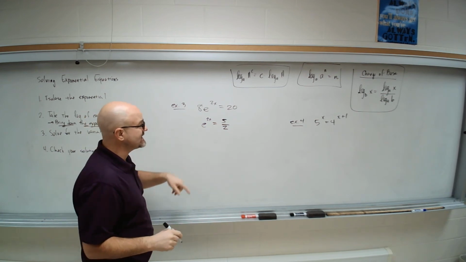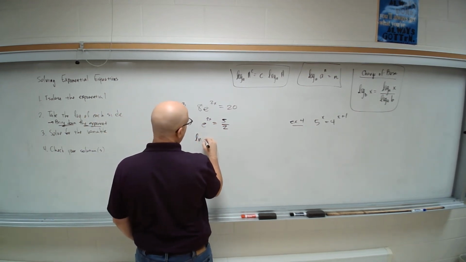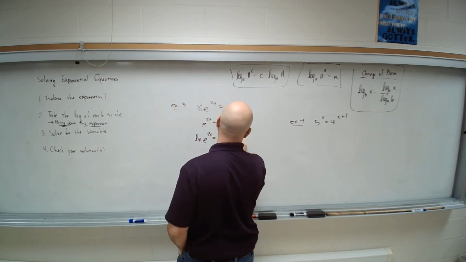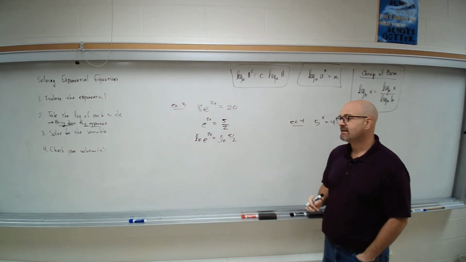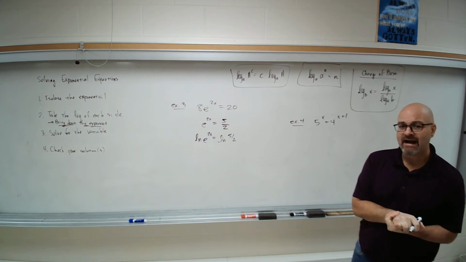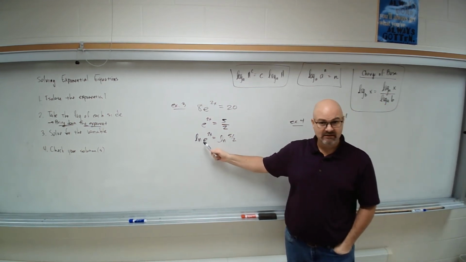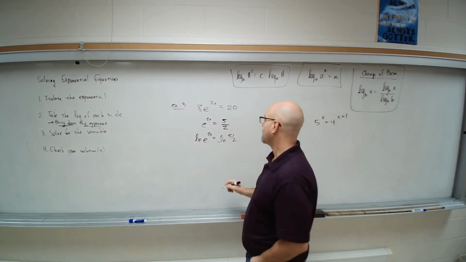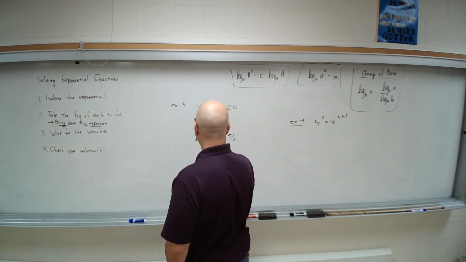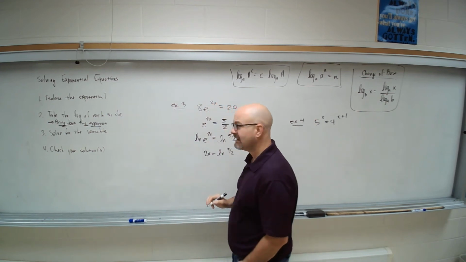But since the base is e, we're going to take the natural log of both sides. Right, so the natural log of e to the 2x equals the natural log of 5 halves. Well, the natural log and the e cancel, correct? They go away. So we get 2x equals the natural log of 5 halves.